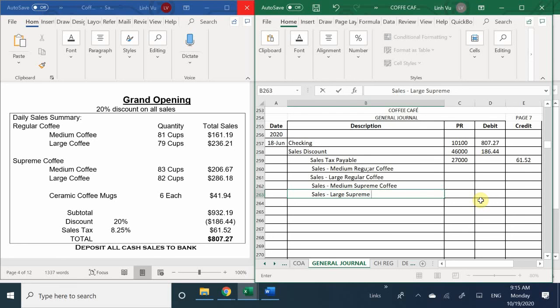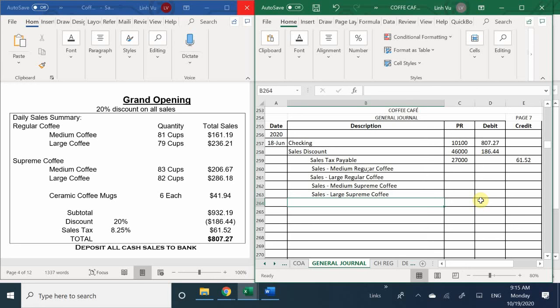And also the coffee mug. Okay, what's my account for that? What's my actual account name for that? For the coffee mugs.